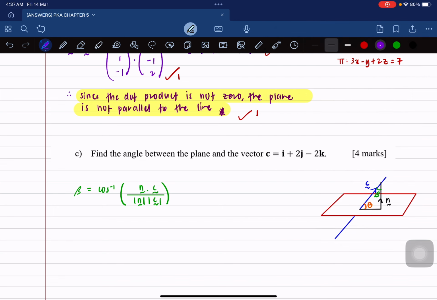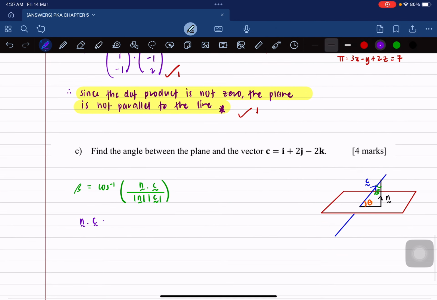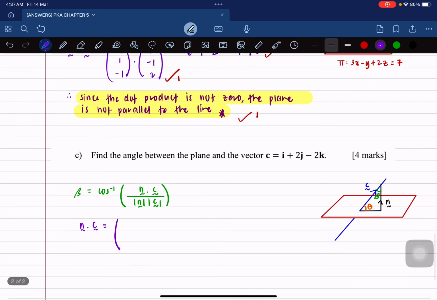So we're gonna find all the information needed. First let's find n dot c. Our n is 3, negative 1, 2, and we're gonna dot it with c. Our c is 1, 2, negative 2. So we're gonna have 3 minus 2 minus 4, which gives us negative 3.